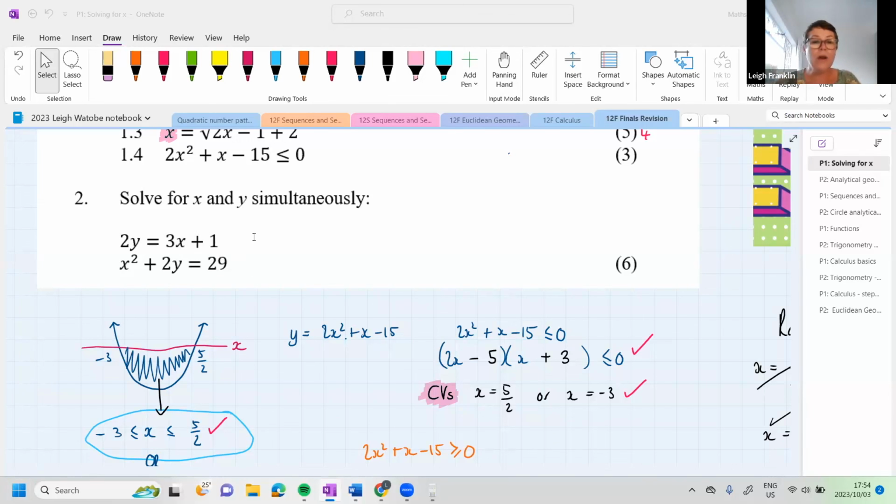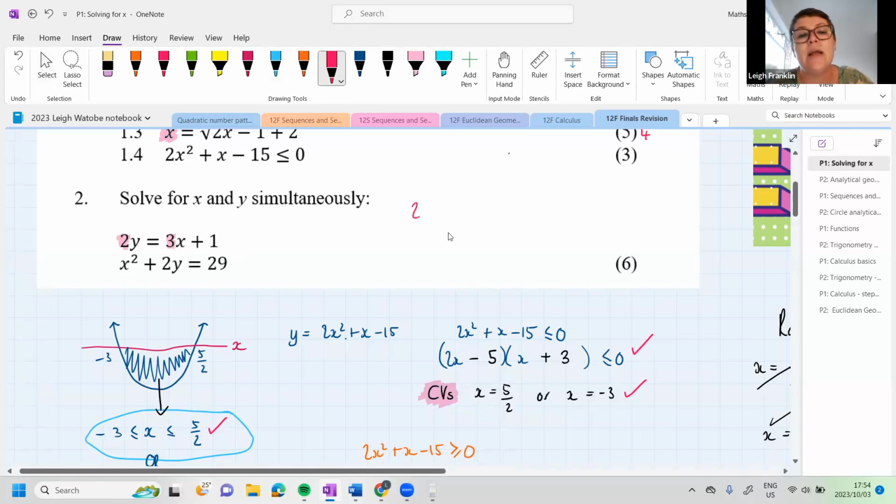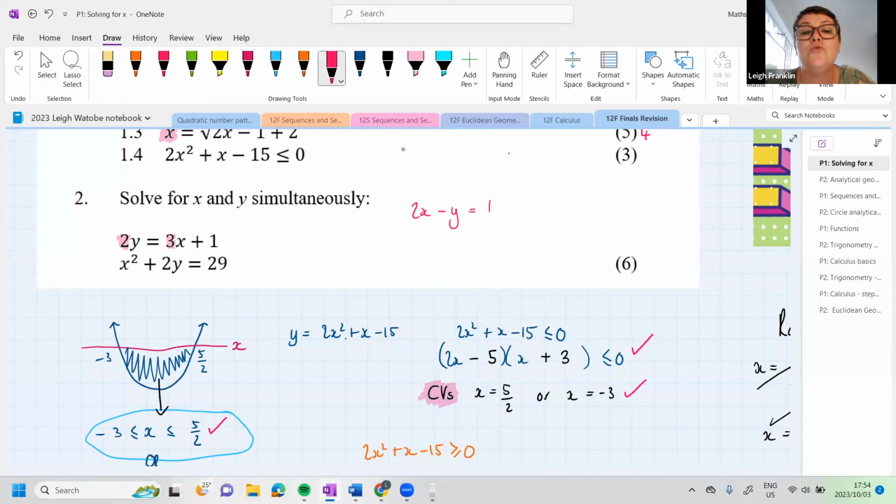Right. So now what I've noticed in this particular question is that both the y and the x terms have coefficients that are not 1. So normally if we had an equation like, let's say 2x minus y is equal to 1, what we would normally do is choose to make the y the subject of the formula rather than the x, because we don't want to work with fractions.